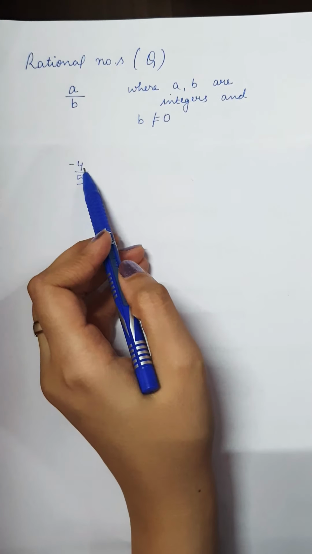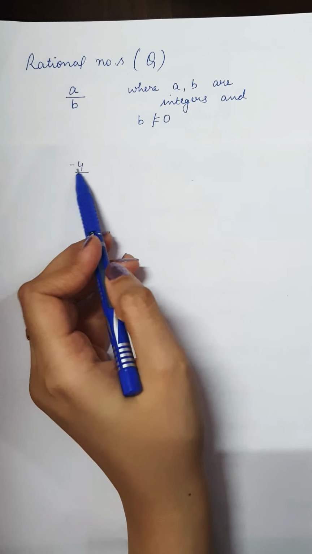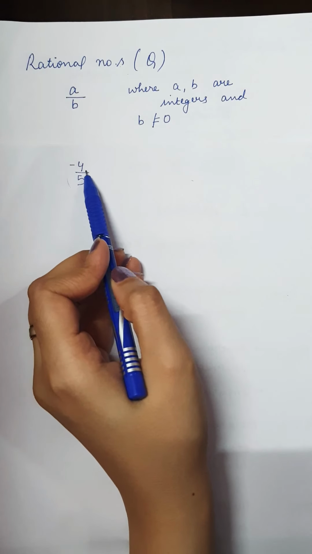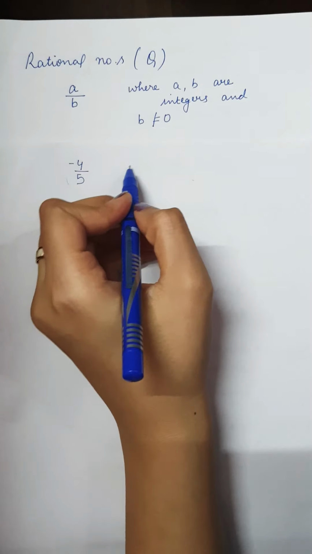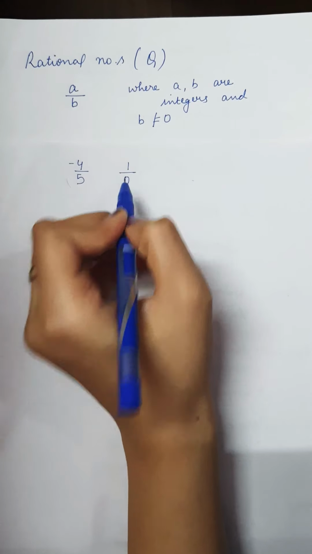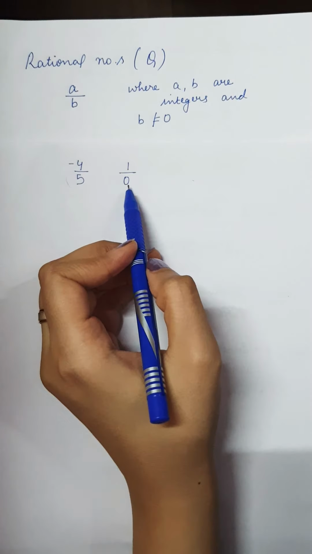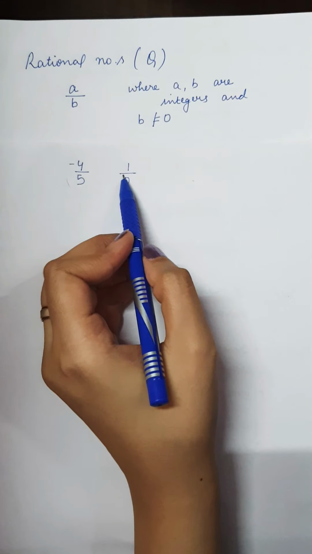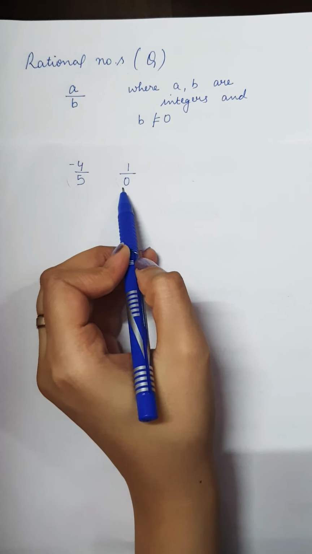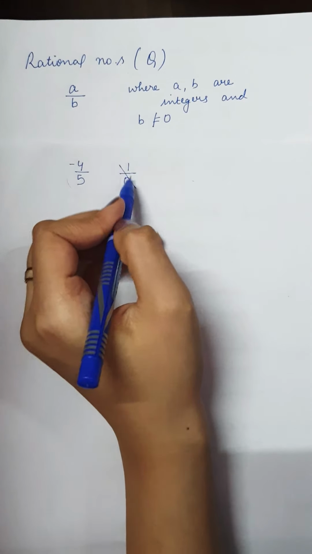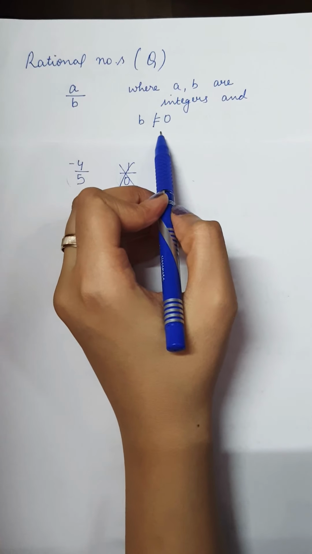Minus 4 is an integer, 5 is an integer, and denominator is non-zero. There are so many. So, what about this? Will this be a rational number? No, because the denominator is 0. The necessary condition is denominator should be non-zero.